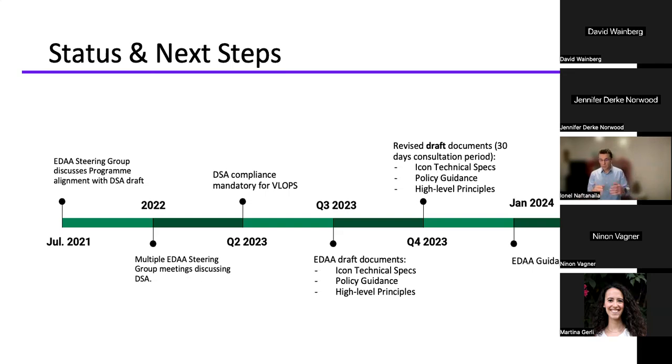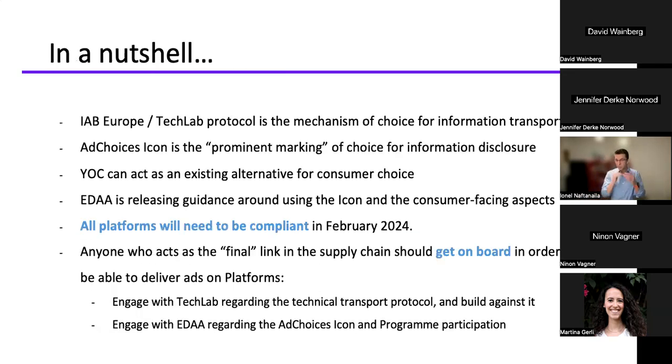So moving on to the next slide. In a nutshell, my concluding messages would be fairly simple. The IAB Europe / Tech Lab protocol would be the mechanism of choice for information transport. The Add Choices icon would be the prominent marking, which is referred to in Article 26 of the DSA for information disclosure.